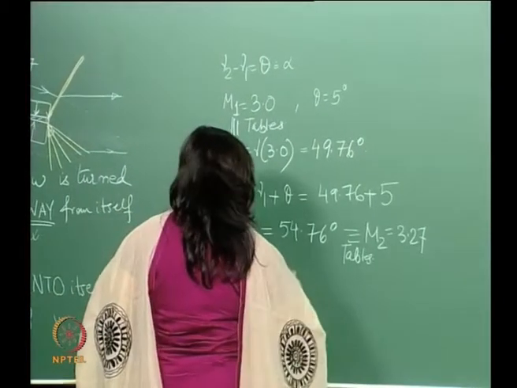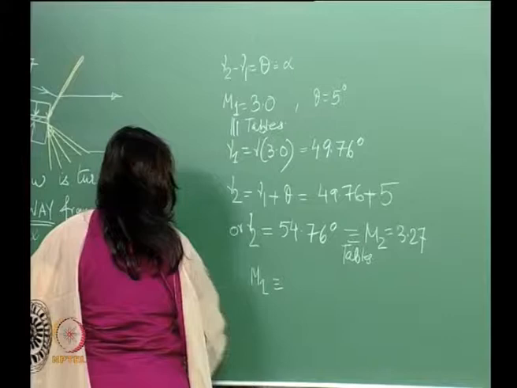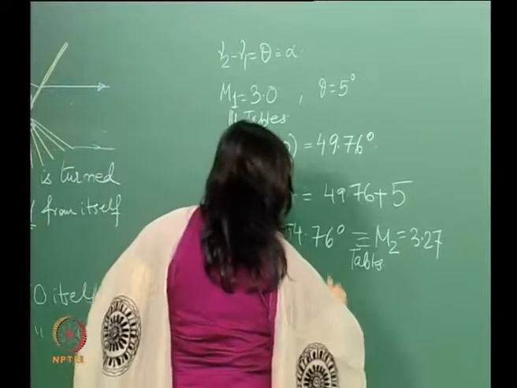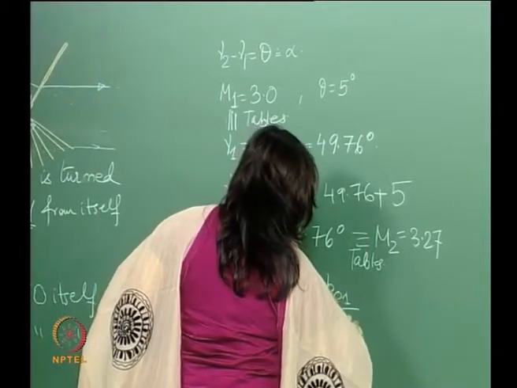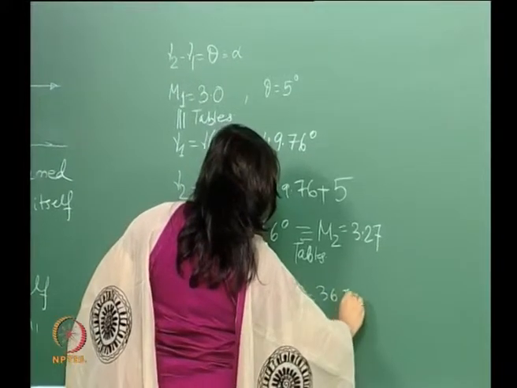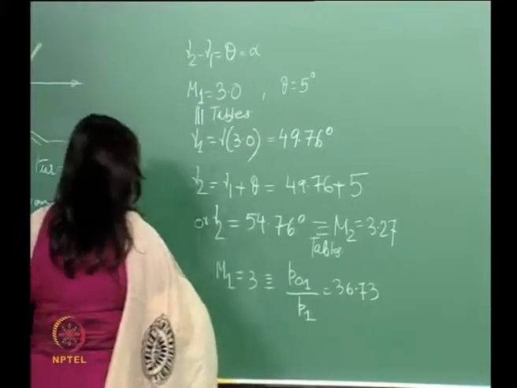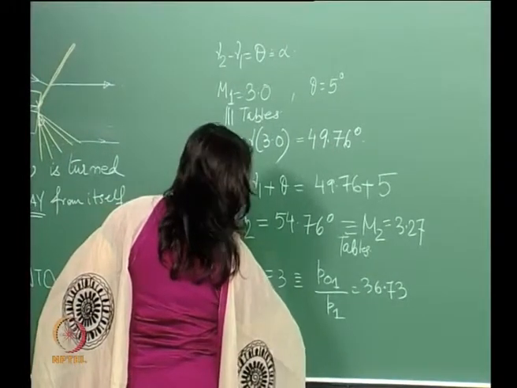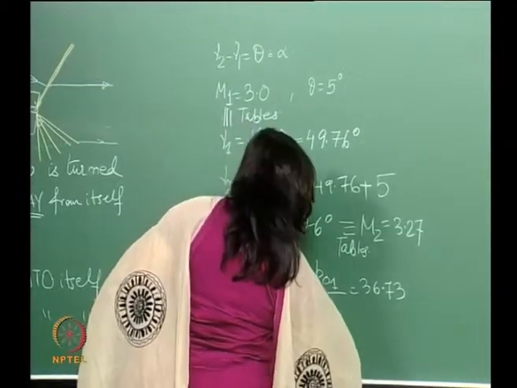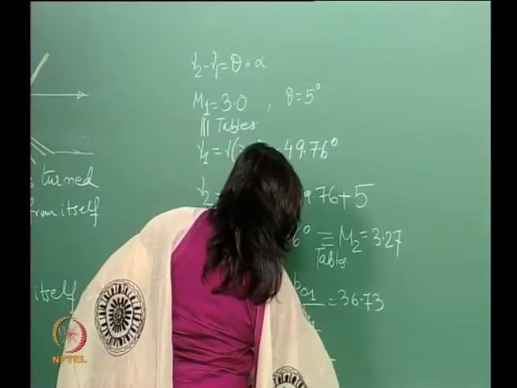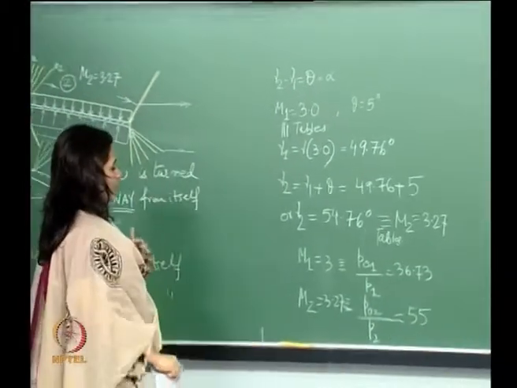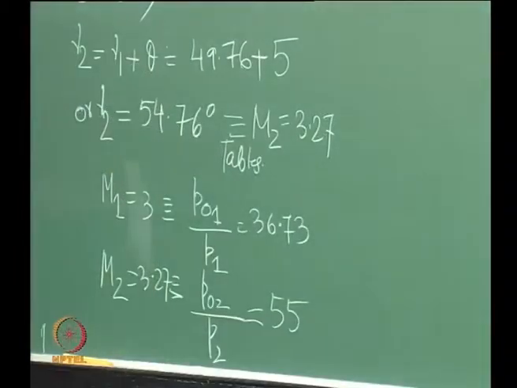So, M1 equal to 3, from tables we get P naught 1 by P1, and I get that as nearly 37, and corresponding to Mach 2 equal to 3.27 from the same tables, we get P naught 2 by P2 equal to 55. Okay, 55.